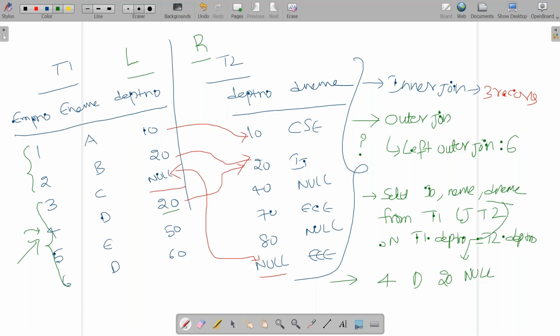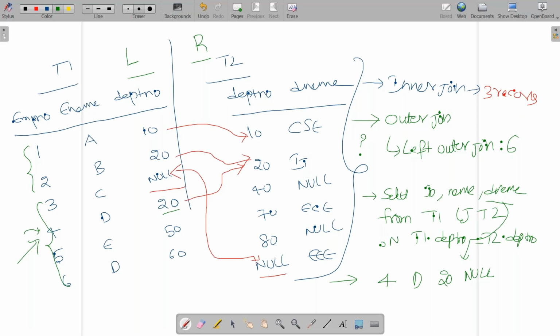All the data, matching and non-matching records from the right table, it is going to display. What about full outer join? Full outer join is nothing but all the matching records and non-matching records from both the tables it is going to display. So left means left side matching and non-matching, right means right side matching and non-matching, full means both side matching and non-matching.